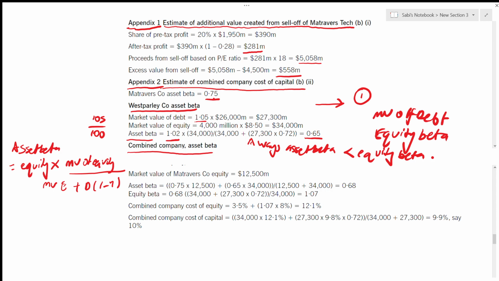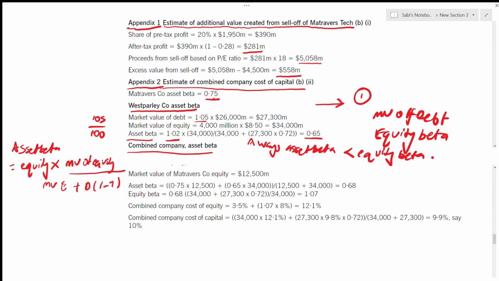How will you find it? You have been given that it is in proportion to the market value of equity, right?